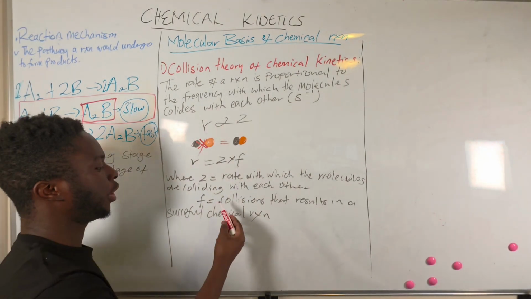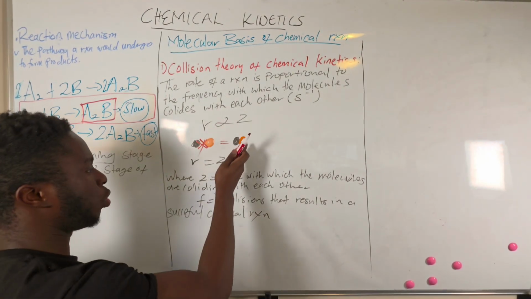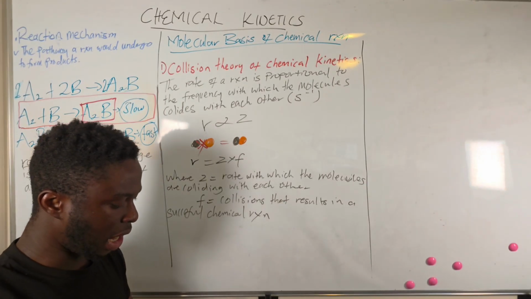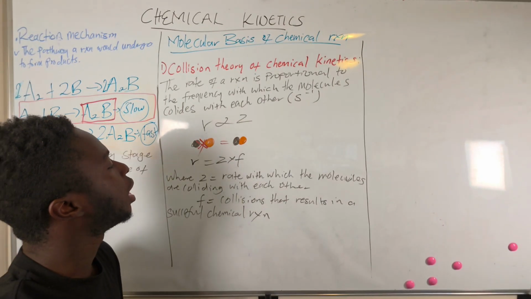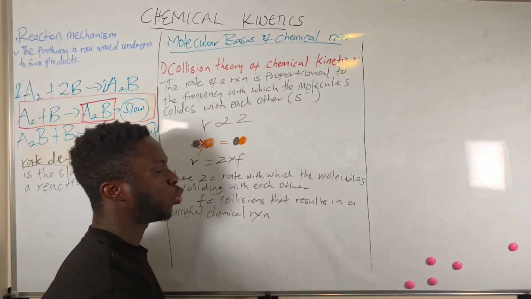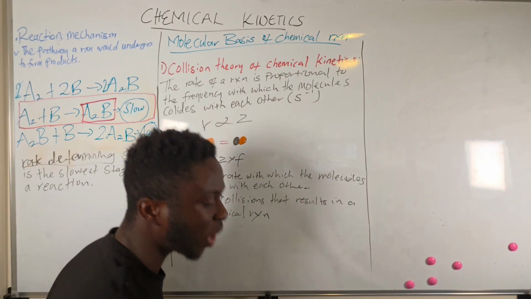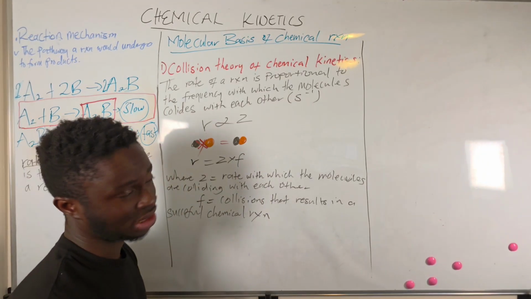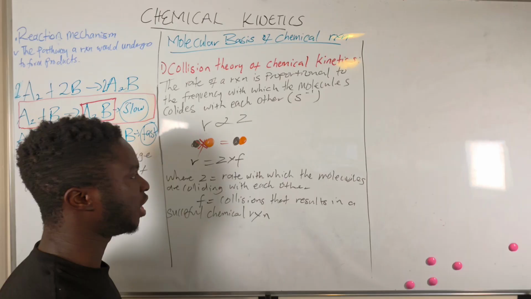Now for a collision to overcome its chemical reaction, the energy with which these molecules collide with each other would have to overcome the energy barrier in the reaction, which is called the activation energy.